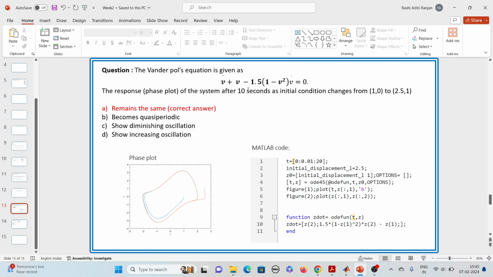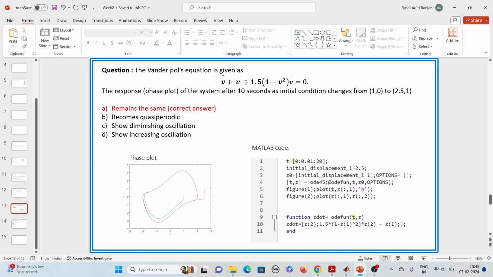It is going to create a positive damping effect, right? If the velocity is positive, it is going to make it come to 0. If the velocity is negative, then also it will try.